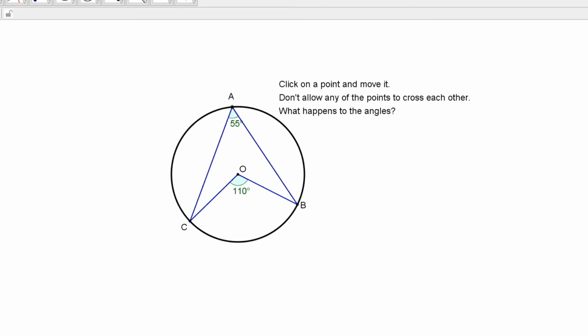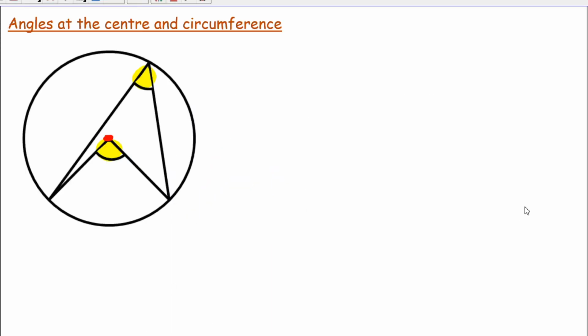So we can go ahead and generalize and say that the angle subtended at the center is twice the angle subtended at the circumference.